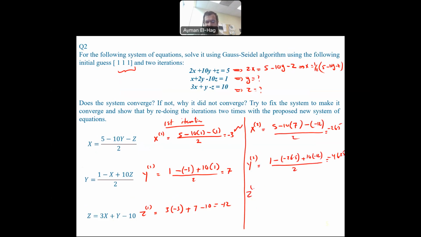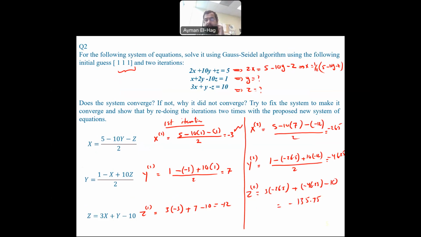Finally, z second iteration will equal to 3 times minus 26.5 plus y minus 46.25 minus 10. And if you solve this, you will find this is minus 135.75. And clearly the system is not converging. And if you keep doing this, the number will start to increase.